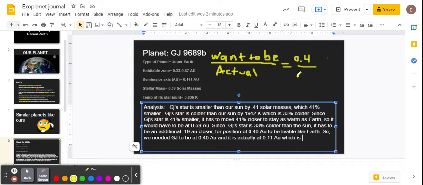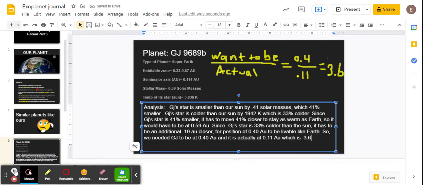It actually is at 0.11 AUs. When you divide that correctly on a calculator, you're going to get 3.6. Like I said, we estimated it to be 4. It's actually 3.6. So we would say it is 3.6 times too close to the sun, to its star.